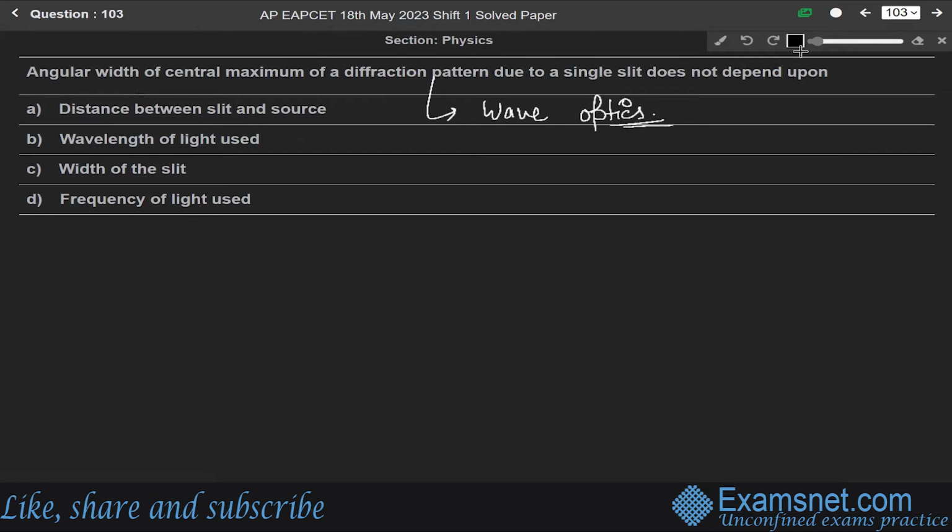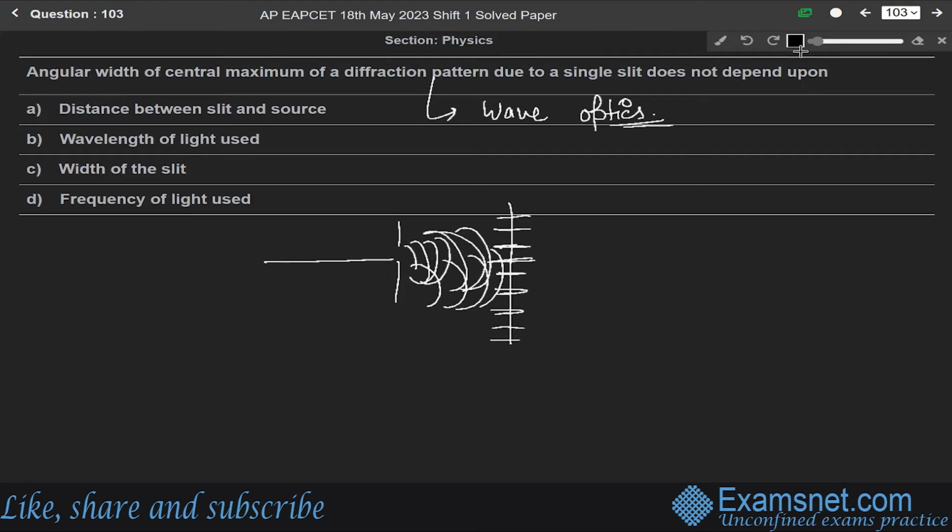So what happens in a diffraction pattern when a light falls on the slit, it forms a wavefront, and these wavefronts form alternate dark and bright fringes on the screen, okay. These alternate dark and bright fringes all together make the diffraction pattern, okay. And this source should be a coherent one.